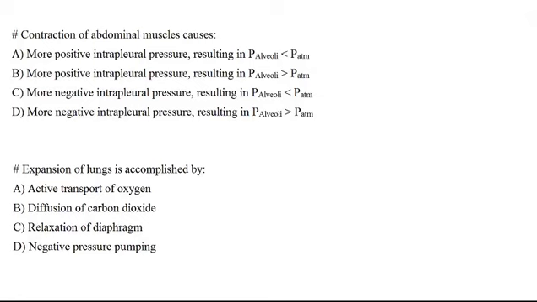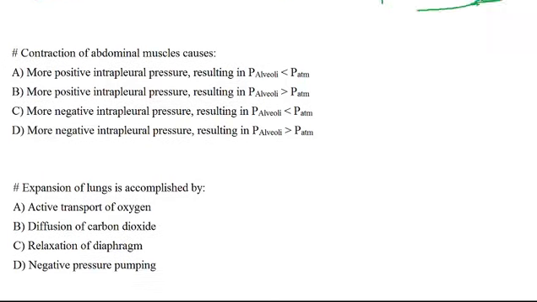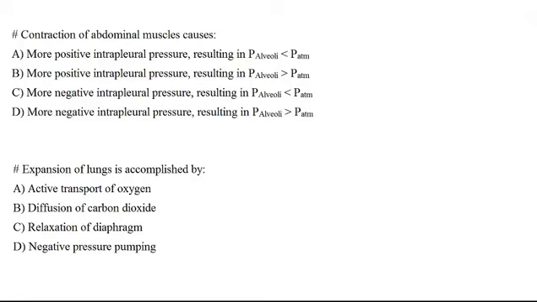Contraction of abdominal muscle causes... So what happens when we are contracting our abdominal muscles? We are pushing the diaphragm and everything upward, as a consequence of which the intrapleural pressure will become more positive. Okay, so here we have the lungs and we are pushing them upward.